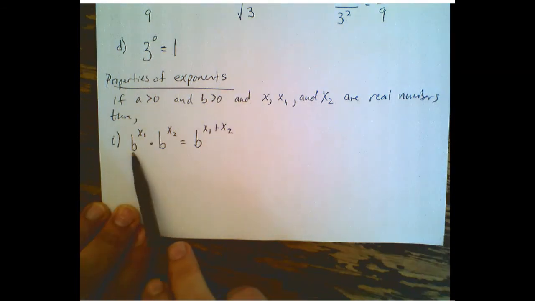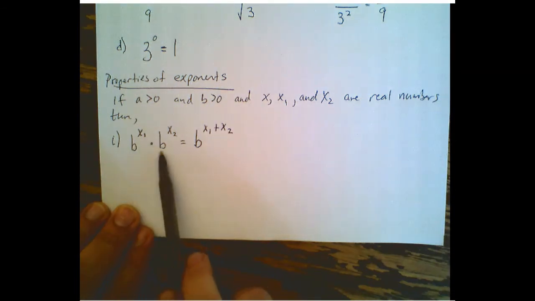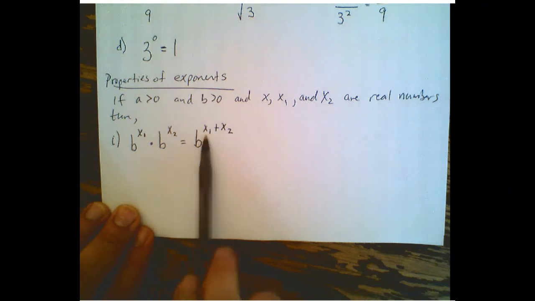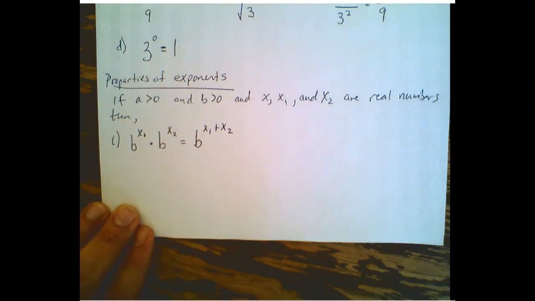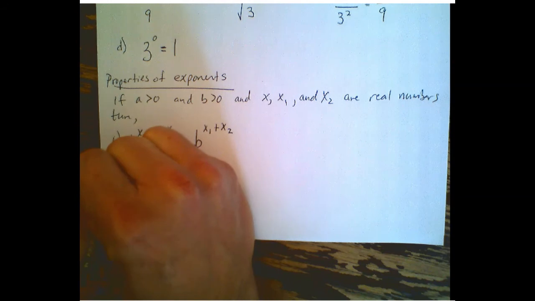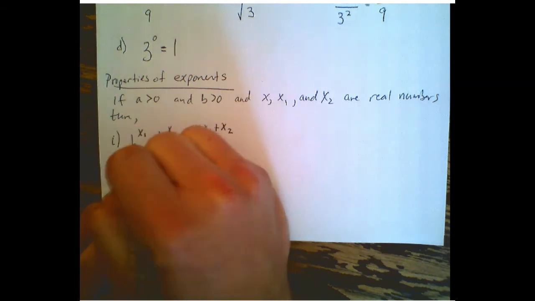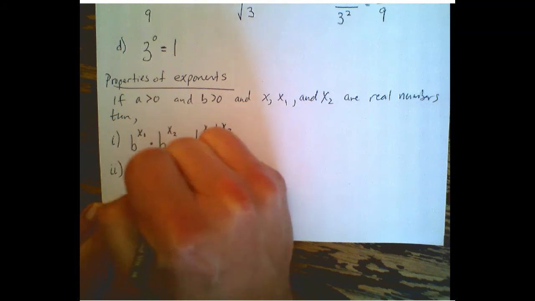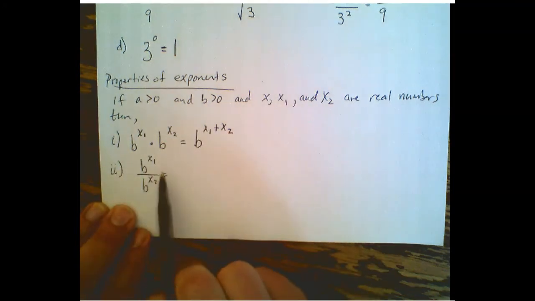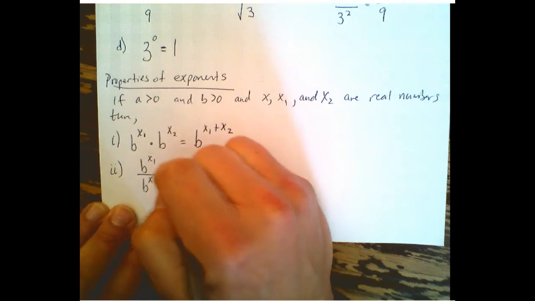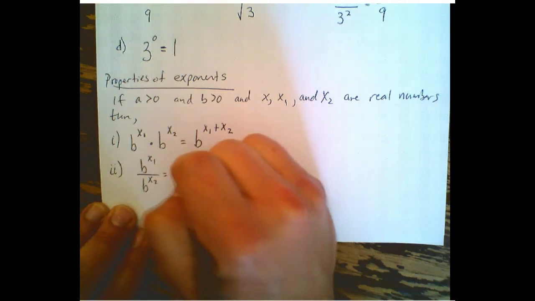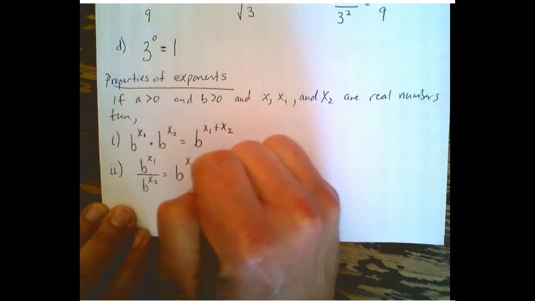Right? So x to the 10th times x to the 20th would give us x to the 30th. If we divide with like bases, b to the x1 over b to the x2, that's equivalent to subtracting the exponent. So we can write it as one exponential, x1 minus x2.